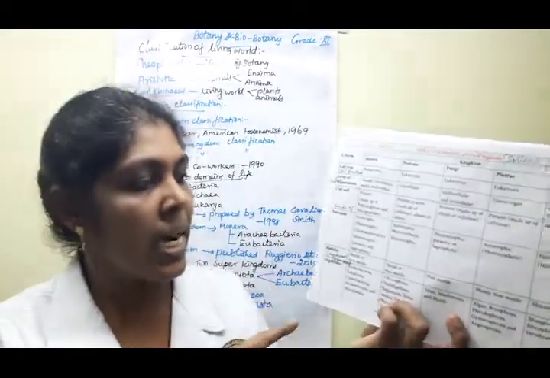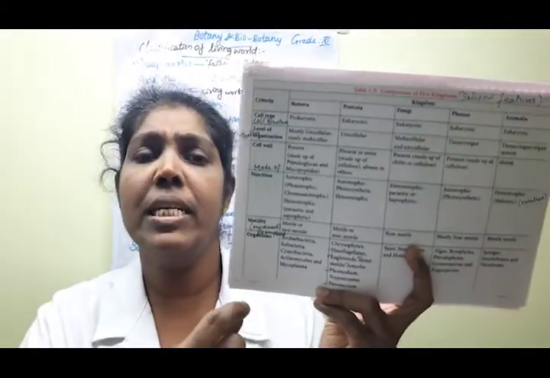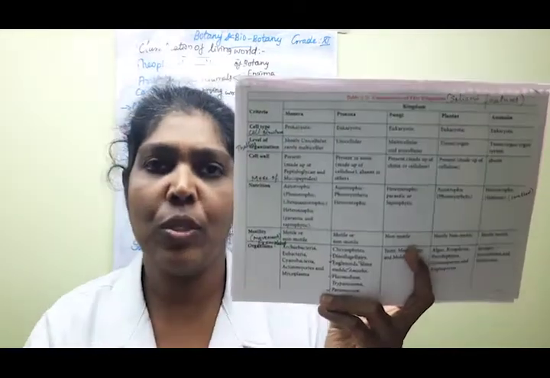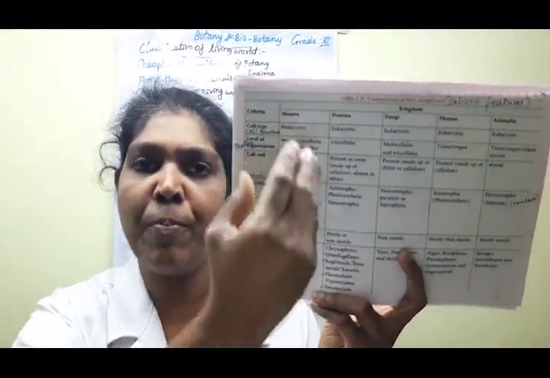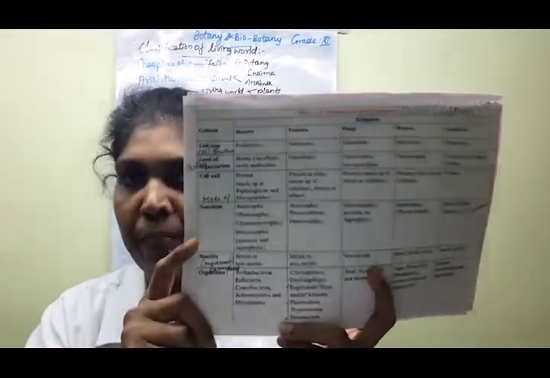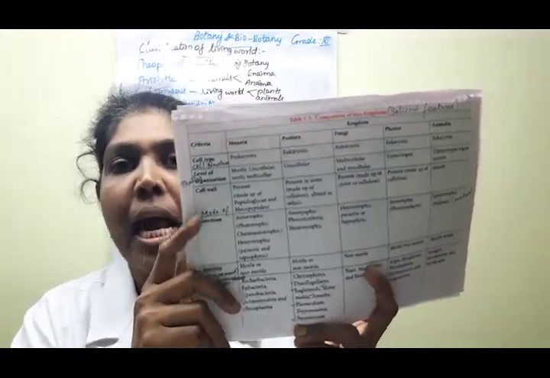The next one, finally, they give certain examples of these particular kingdoms. Suppose Monera, what examples come, and Protista. Like that they are giving in this tabular column. Clear, children? Just refer to it and read it and you will understand all this concept.